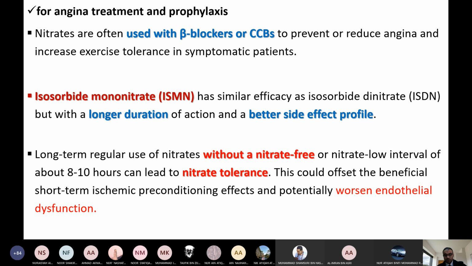To keep the endogenous thiols from being depleted and to keep the nitrate effective, we have to design the scheduling of administration to have a nitrate-free period. This will be at least around 10 hours, and sometimes more. If we don't do this, the endogenous thiols will be depleted, endothelial dysfunction will happen, and the nitrate will no longer be effective.